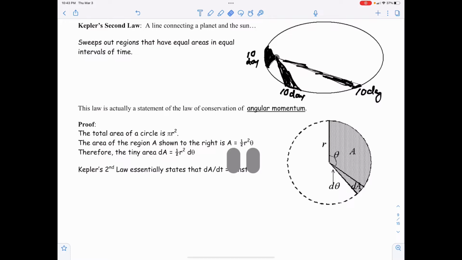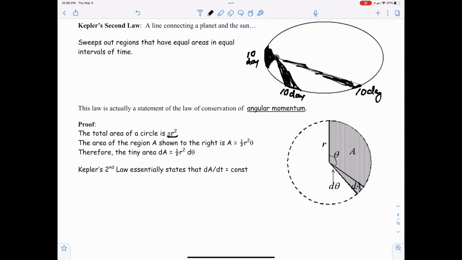The proof is that the total area of a circle is pi r squared. The region A, right here, would be 1/2 r squared theta. Now, how do we get that? We have to remember, we're working with radian measurements here.